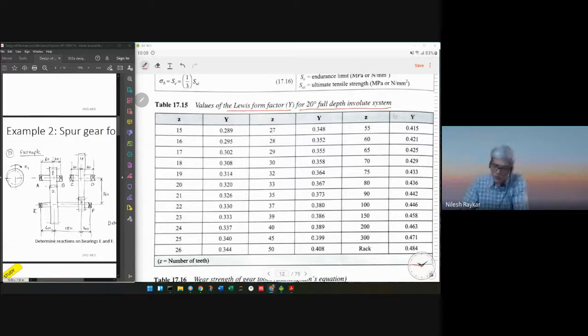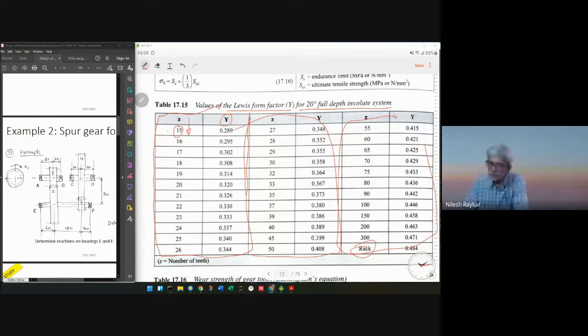In this table, the Y factor is given in terms of number of teeth, starting with 15 teeth. This is one part of the table: 15 to 26, then 27 to 50, and then 55 to infinite, that is, the rack, which has an infinite number of teeth.